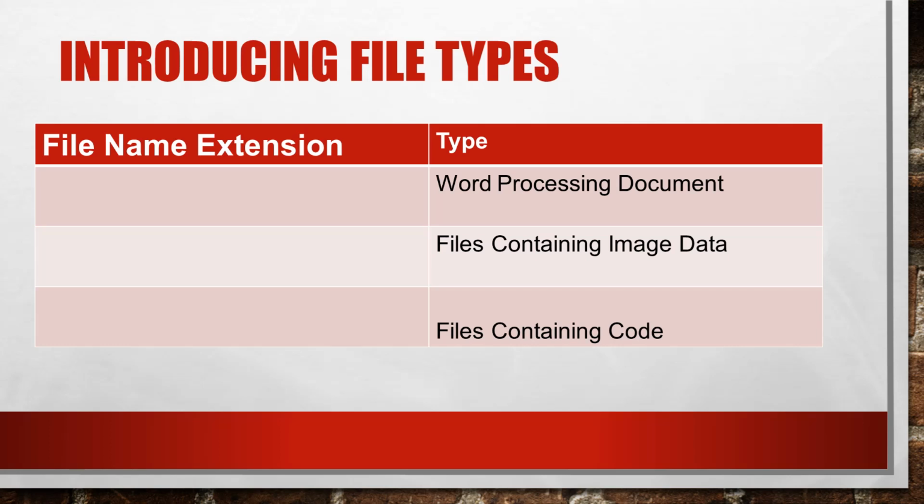So here, a file containing code would be .exe. Files containing image data, we just said .jpg, .bmp, .gif, .png. Word processing document .docx. And if you're still using that outdated version, it could be .doc.